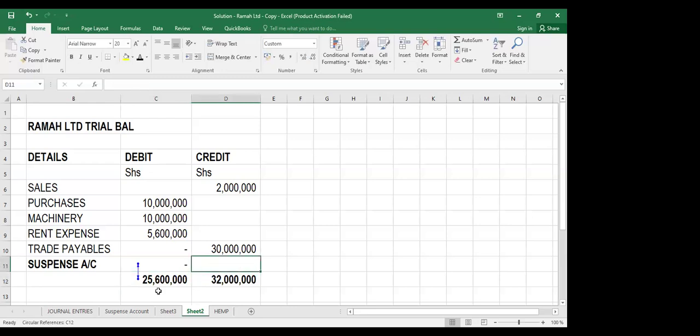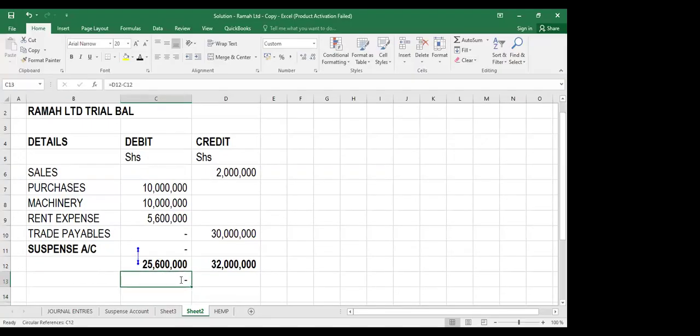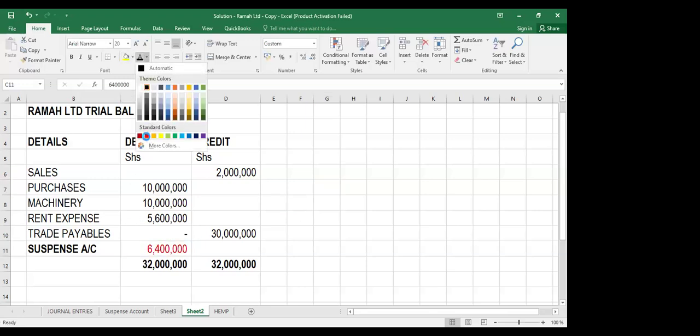Okay, let's create a difference between these two. 32 million minus 25.6. What is our figure? It is 6.4. So your suspense account may have this on this side, a debit balance.